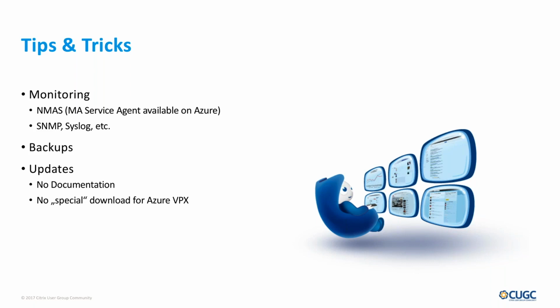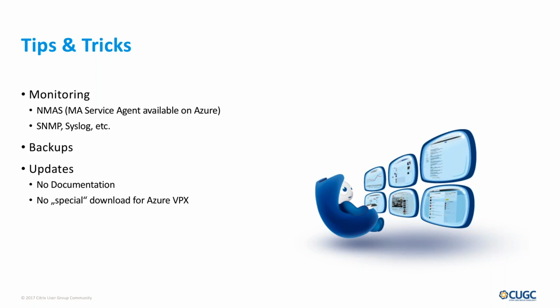Furthermore, you need to back up your NetScalers. This is also very important for NetScalers running in Azure, because if you want to update them, you have to redeploy them, and maybe you want to use your backup to redeploy your NetScaler. I figured out that there's no documentation available on eDocs at Citrix to update your NetScaler, and there's also no special download to update your Azure VPX.